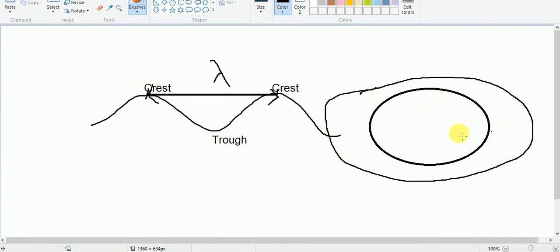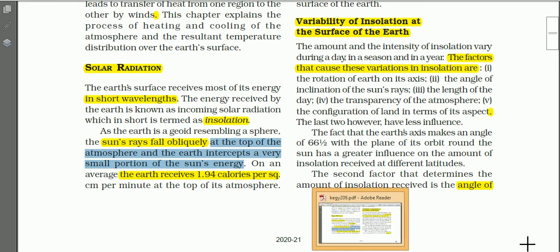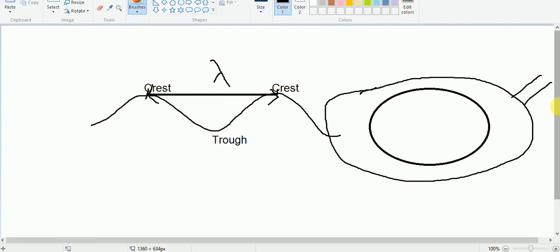And here the energy received at the top of this atmosphere is oblique. In most of the places it is oblique, that is inclined. In most of the places it is inclined here. Actually we must draw like this.